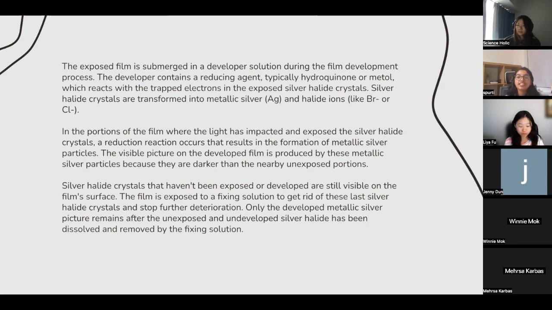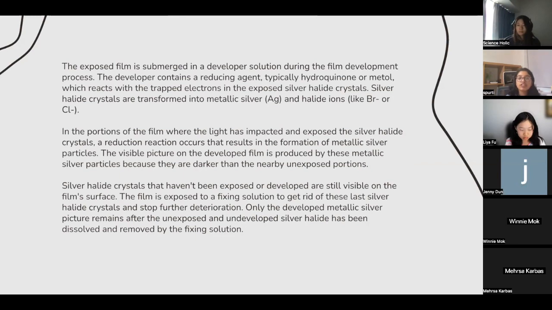These crystals are transformed into metallic silver and halide ions like bromide or chloride with negative charge. In the portions of film where light has impacted and exposed the silver halide crystals, a reduction reaction occurs, which results in the formation of metallic silver particles.